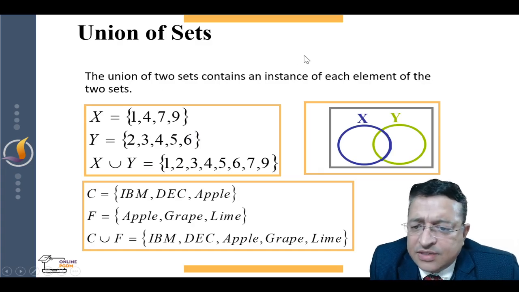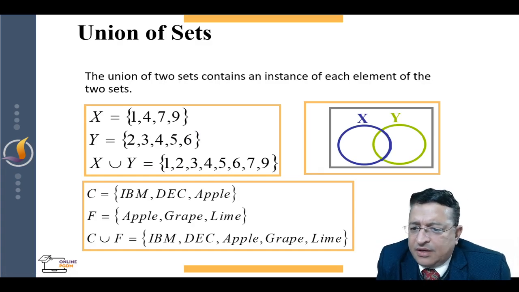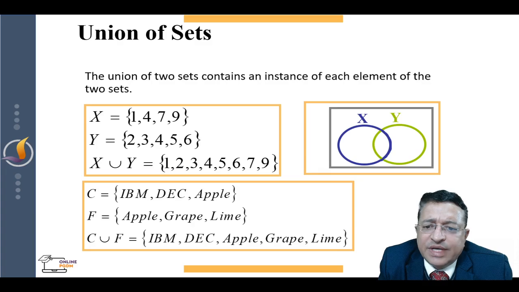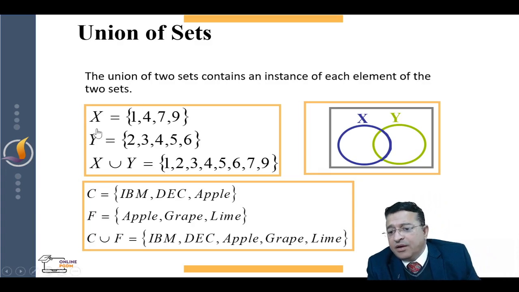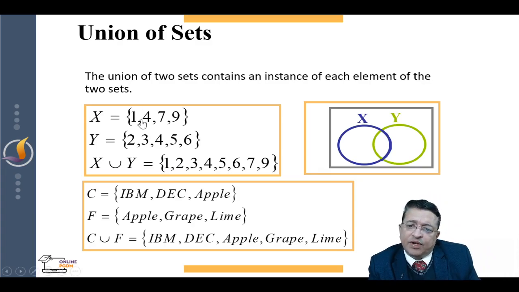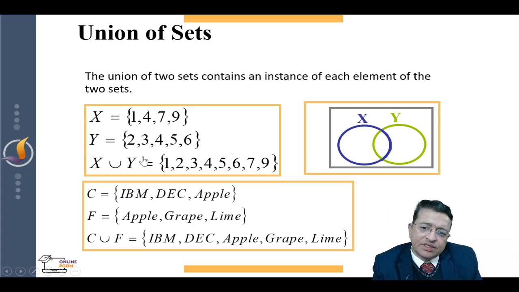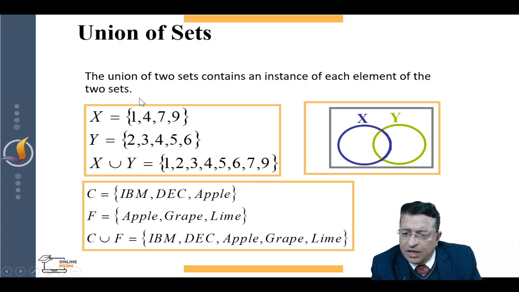Then there are some concepts like the union of two sets. For example, we have a first set where 1, 4, 7, 9 are the elements, and in the second set 2, 3, 4, 5, 6. To find the union, it is nothing but all the entries which are in either of the sets, without repetition.